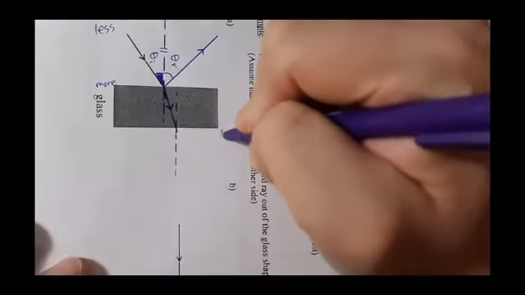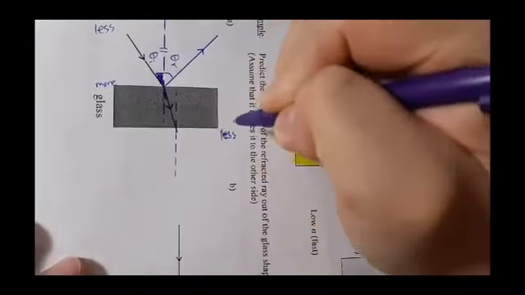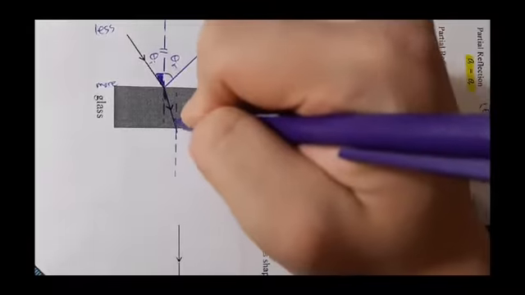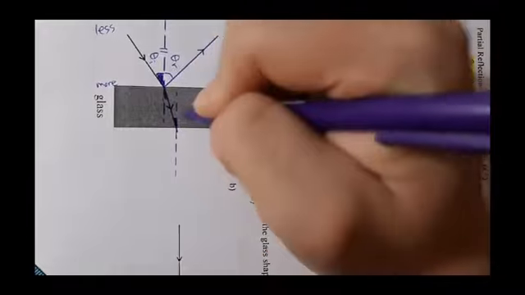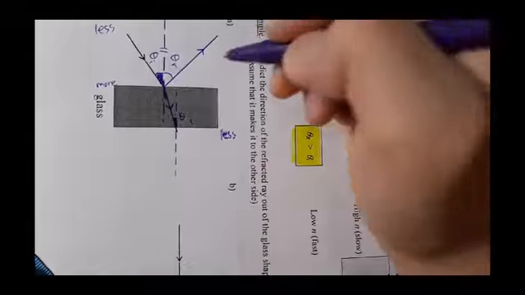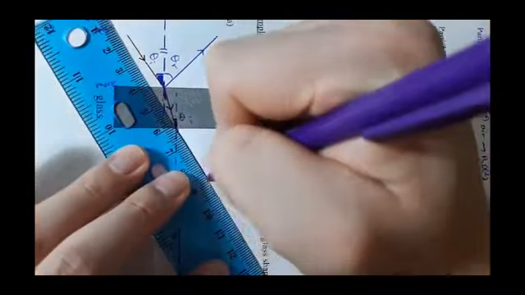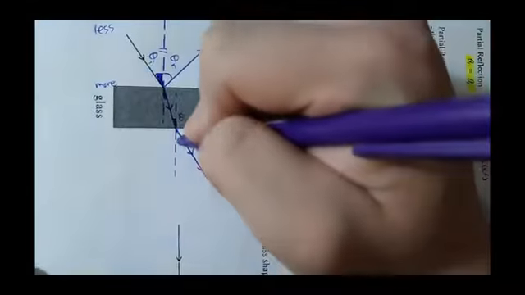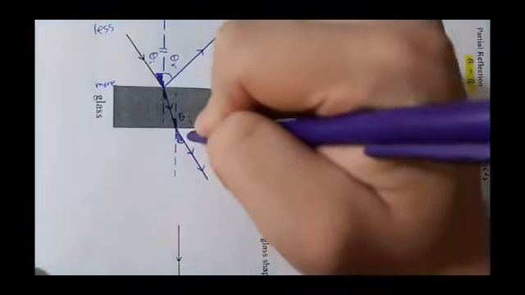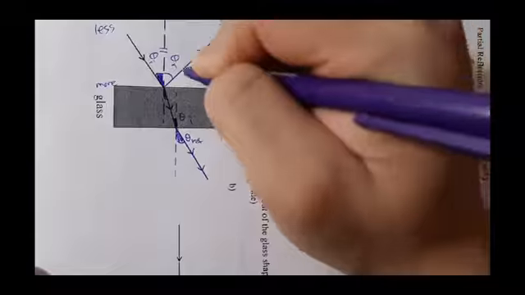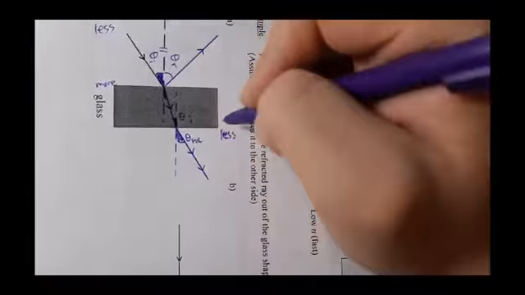Now we're going more to less, which means I have to draw this as my incident angle. As long as I draw a little bigger line for my refracted angle, that is what you need.